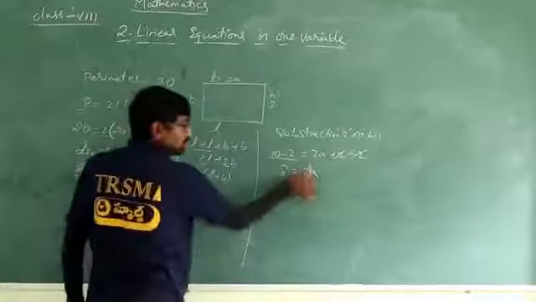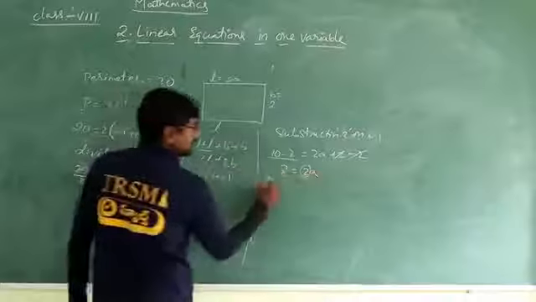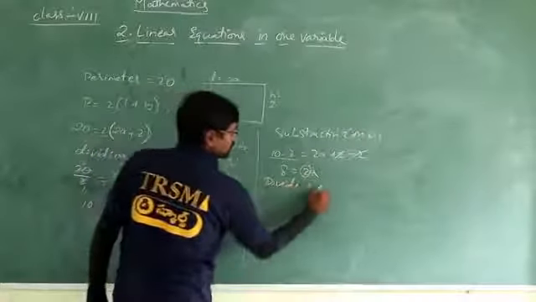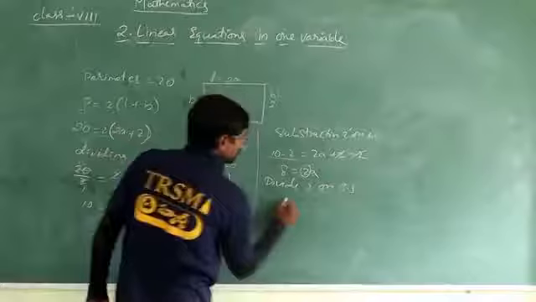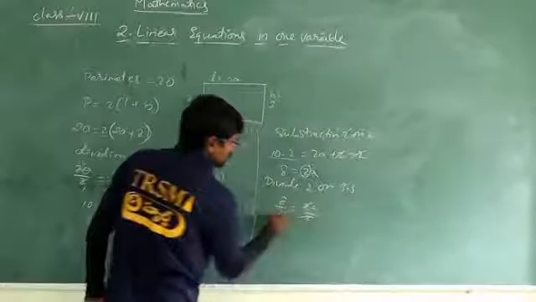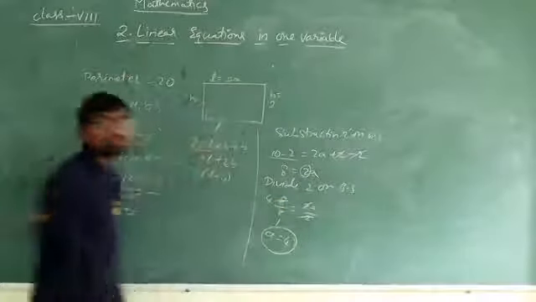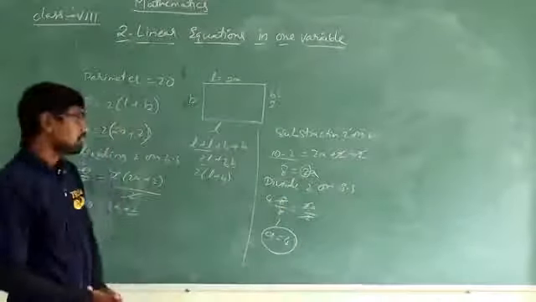Now again, 2 is multiplied by the variable, so I have to divide by 2 on both sides. 8 by 2 equals 2a by 2. 2 fours are 8, so a is equal to 4.